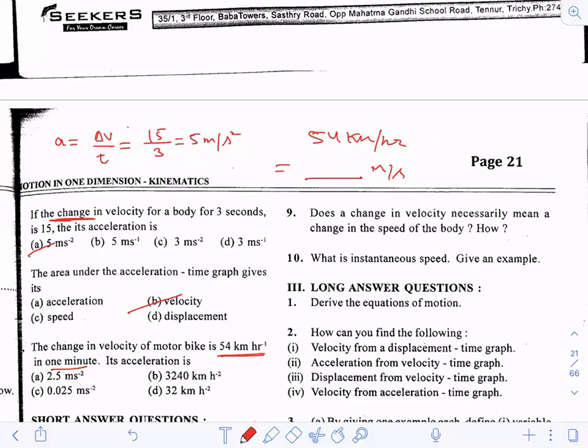Good, 15 meters per second will be the correct answer. So you have to multiply it by 5 by 18. 18 into 3 is 54, and this becomes 15. So the change in speed is equivalent to 15 meters per second.